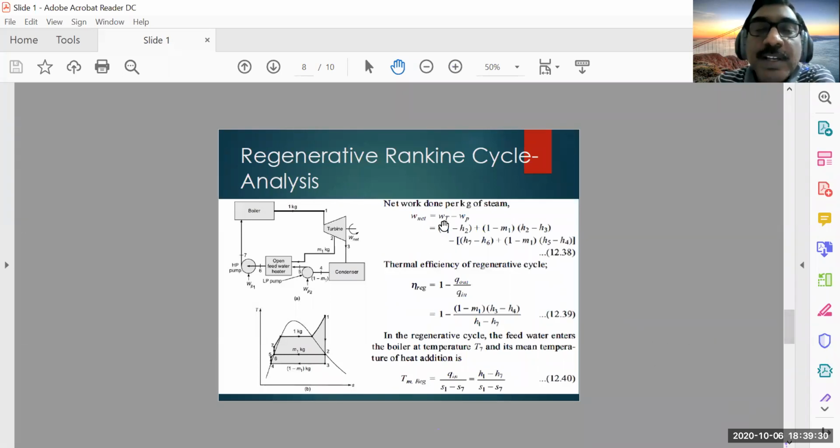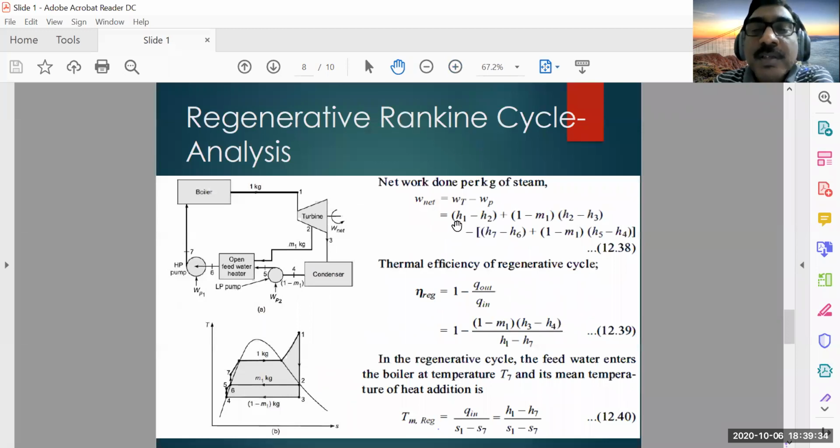So the net work done is equal to the turbine work minus pump work. So (H1 minus H2) from here to here plus (1 minus m1) into (H2 minus H3), minus pump work, (H7 minus H6) full quantity, and (1 minus m1) into (H5 minus H4). So this is partial quantity.